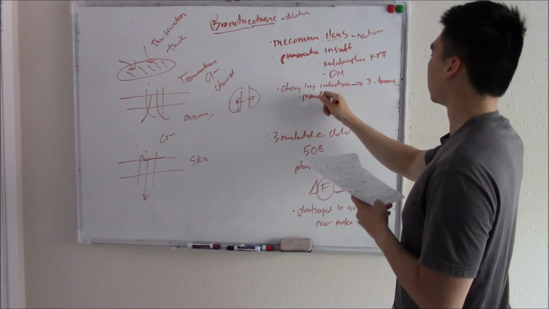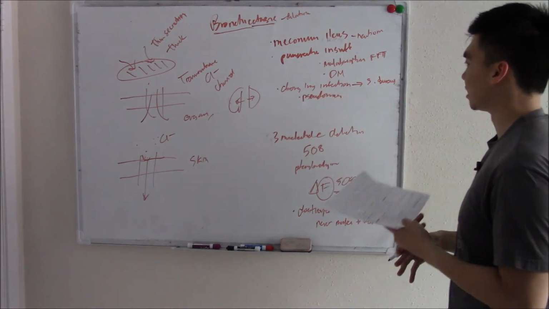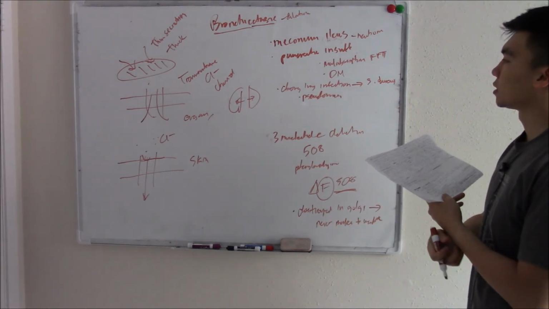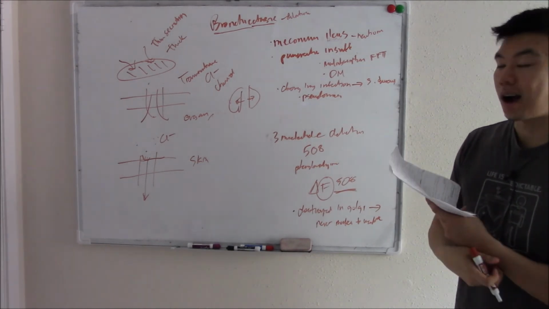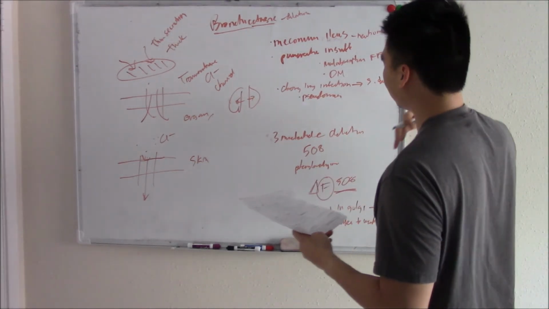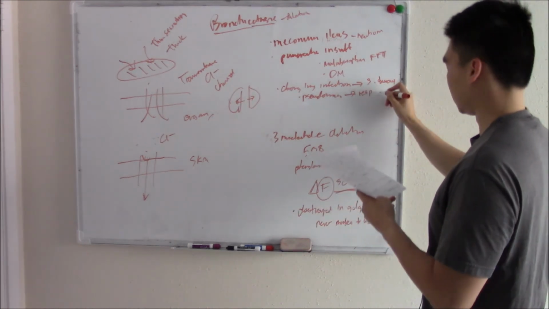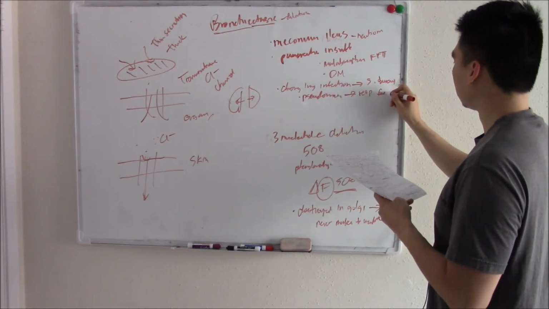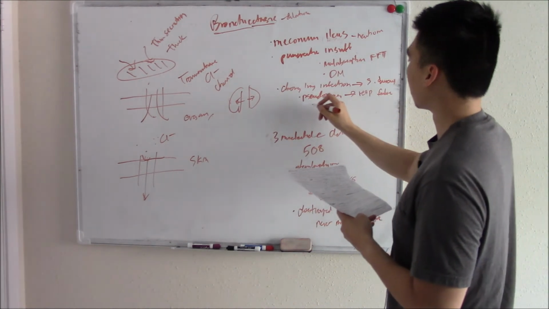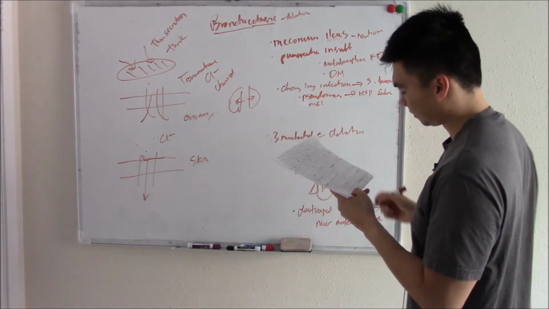And Pseudomonas, honestly speaking, you just can't get rid of after a while. Pseudomonas causes that chronic inflammation, cupfuls of sputum, and actually respiratory failure is the most common cause of death.